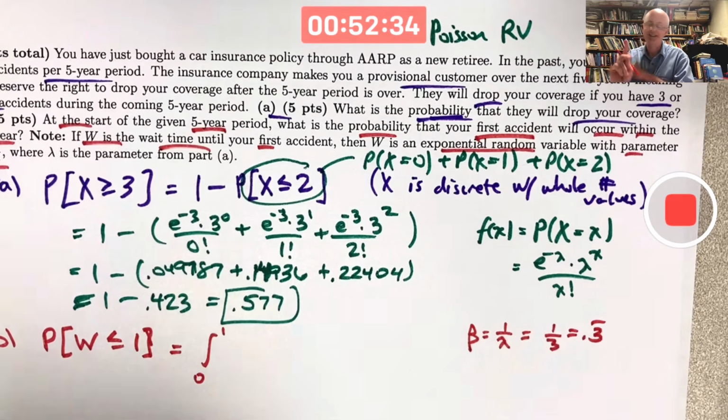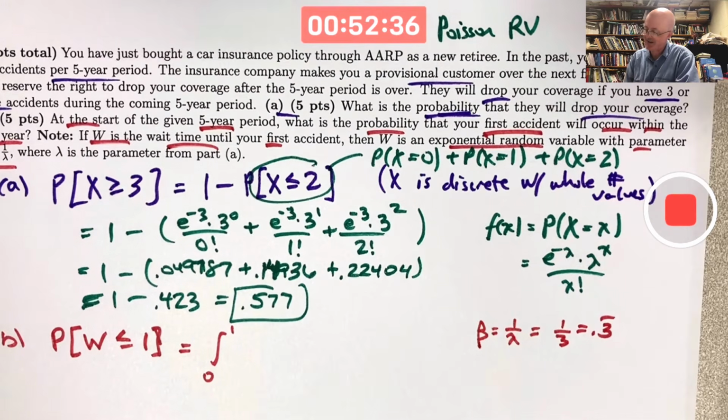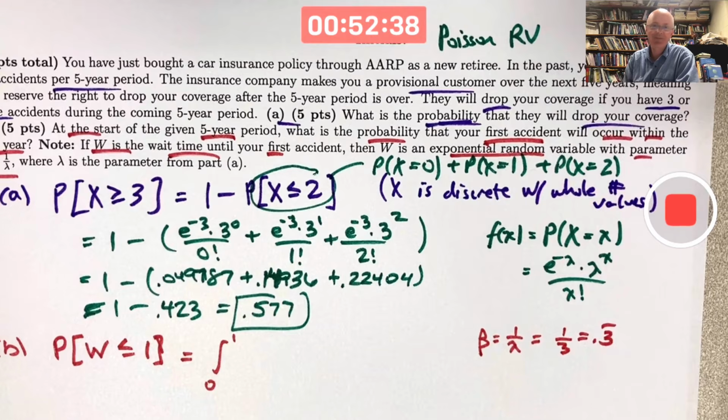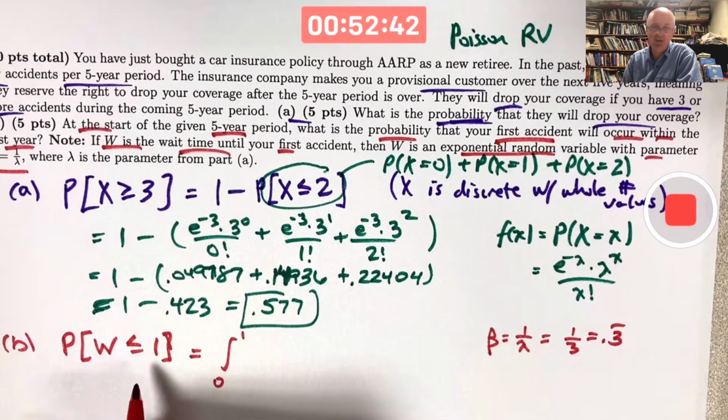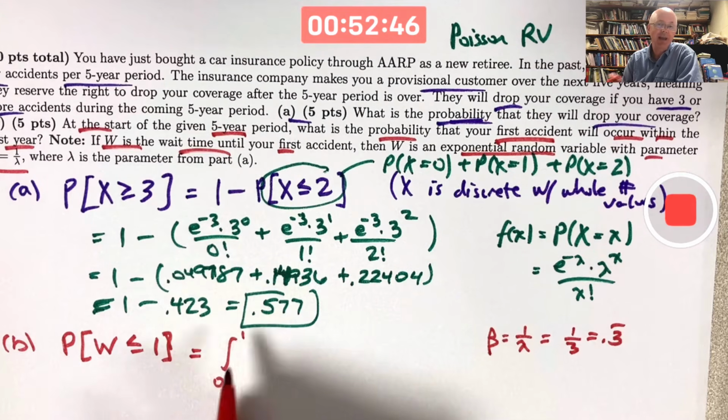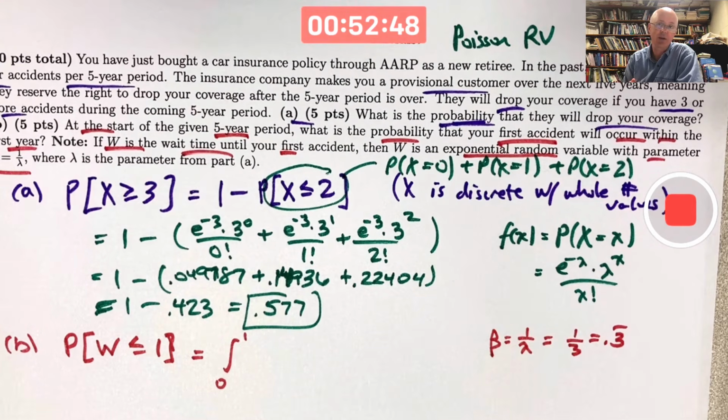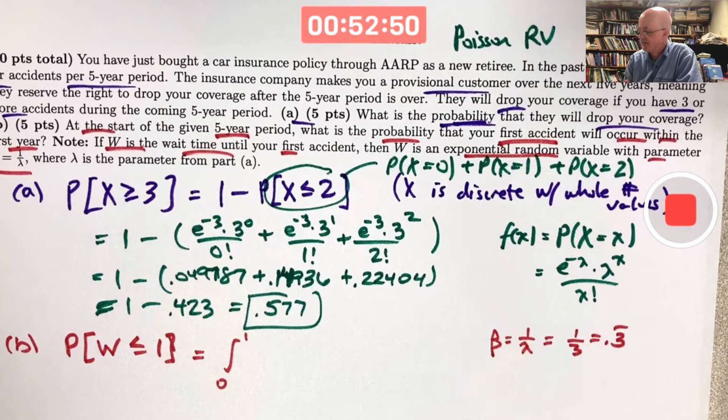Okay, I need to be careful here. That means I made a mistake in my initial thinking, putting the 1 there and the 1 there. I'm taking time to be in 5-year increments. Now, I wouldn't have to do that. I could convert it to yearly increments.